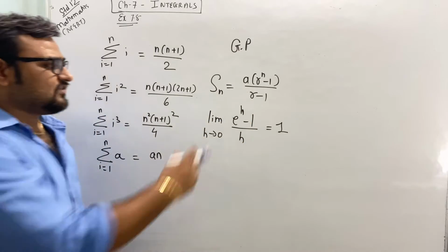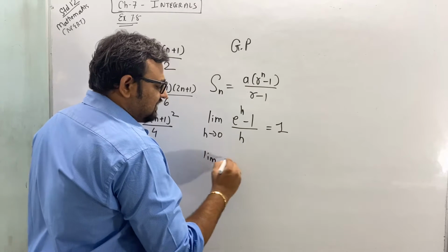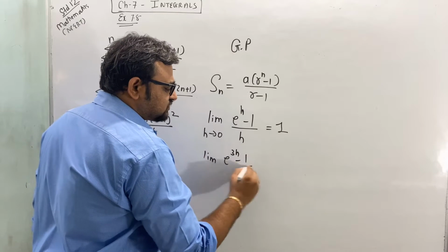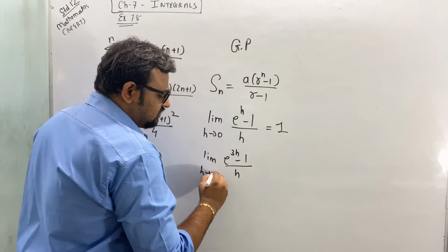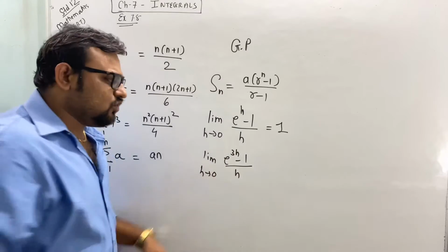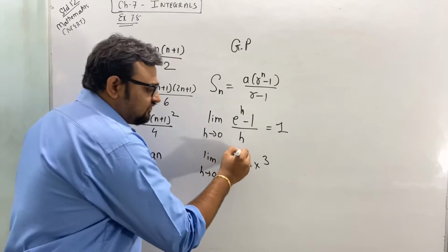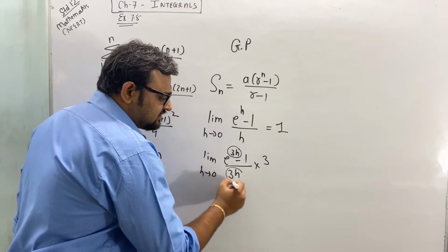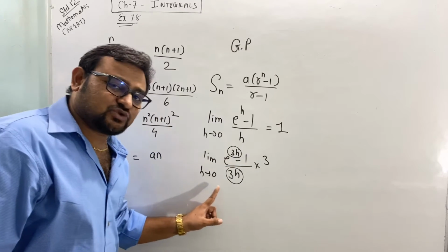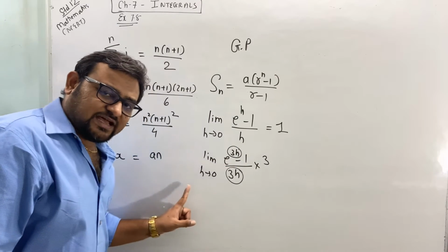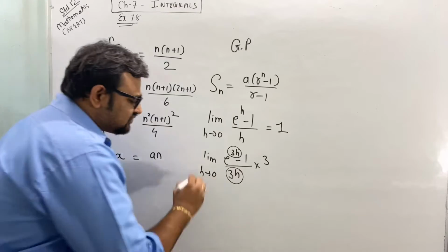Sometimes if there is e raised to 3h minus 1 upon h, in that case what will we do? We will multiply by 3 and divide by 3. So now instead of h, I am having 3h. If h tends to 0, then 3h, that is 3 into 0, will also be equal to 0.